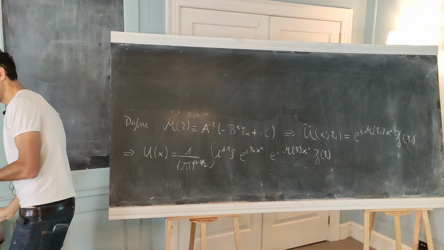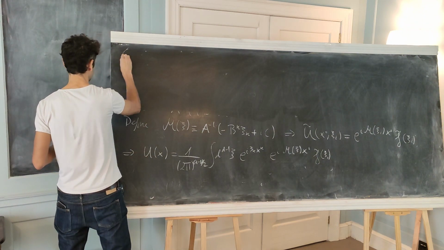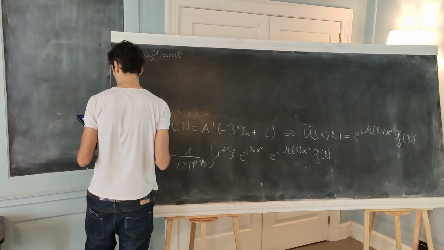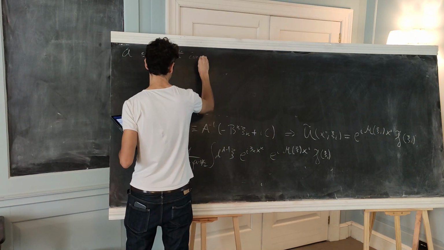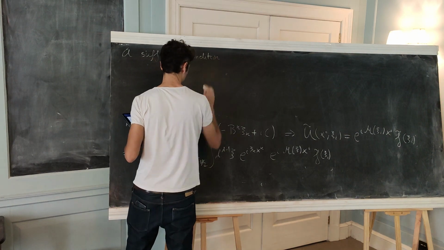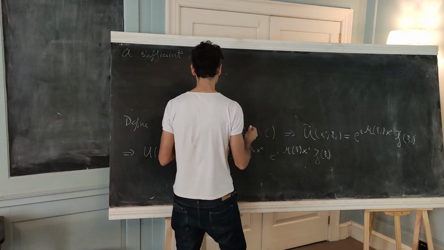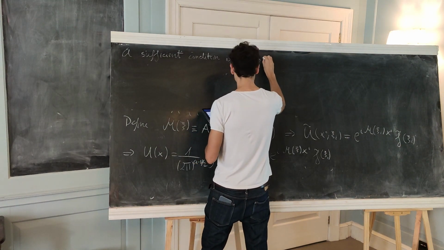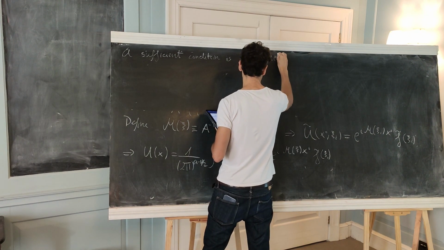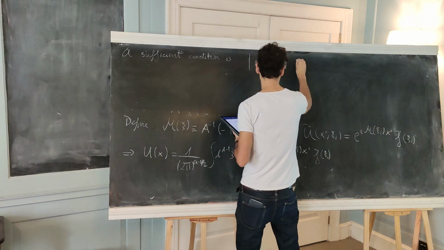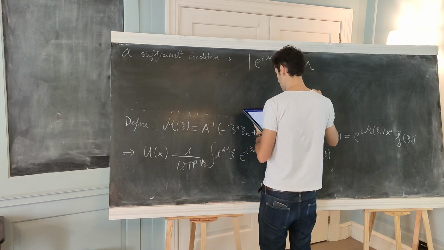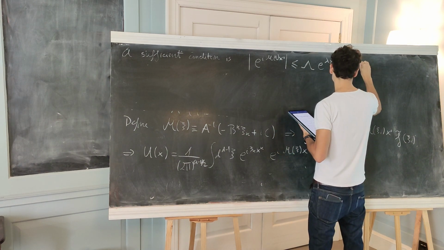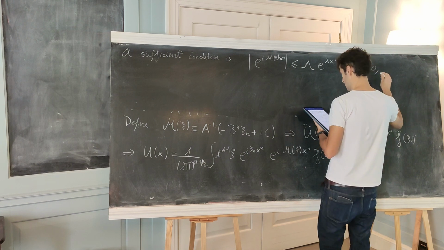So one can show that a sufficient condition for the existence of this integral is that this exponential is bounded by some constant, where this is positive and this is real.